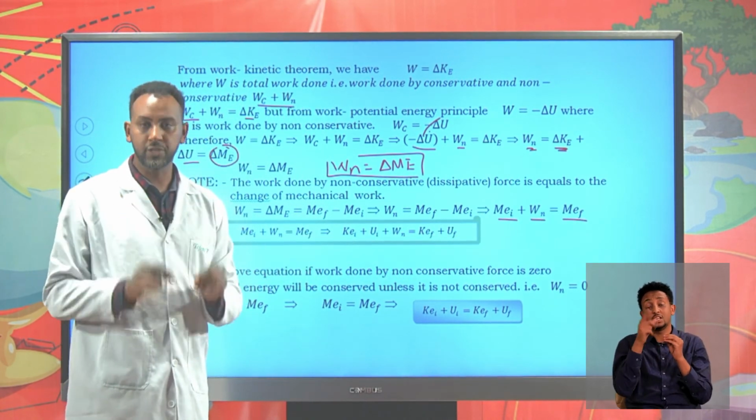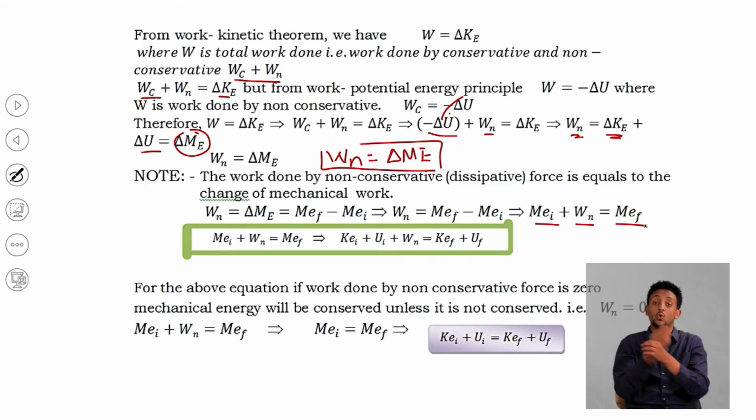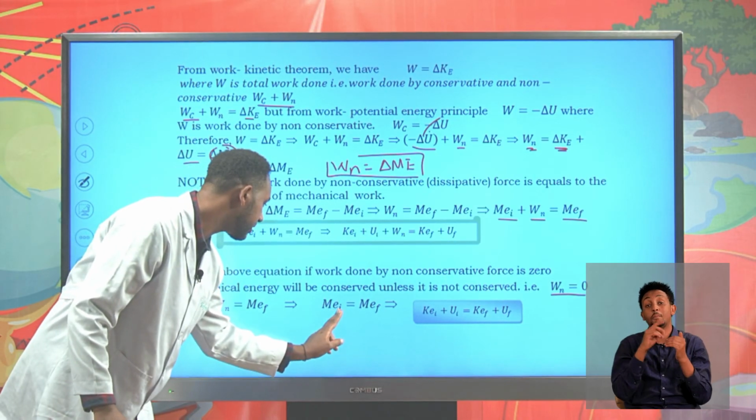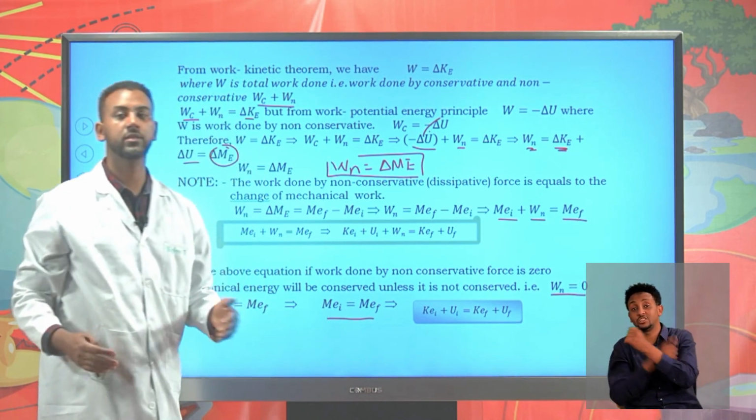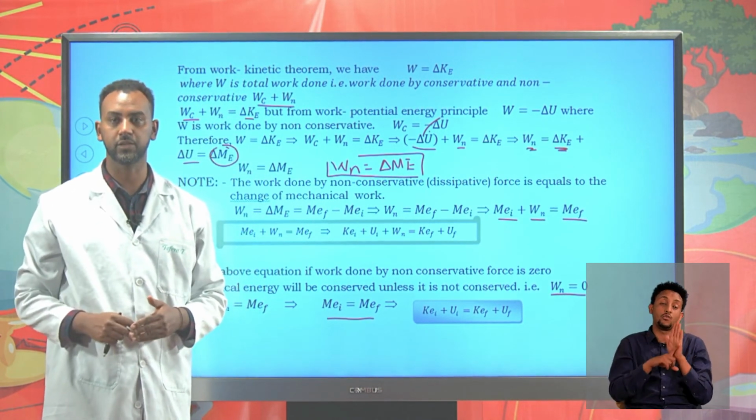If there is no frictional force, the work done by non-conservative force becomes zero. If work done by non-conservative force is zero, you can say that the initial mechanical energy and the final mechanical energy are equal. So mechanical energy initial equals mechanical energy final. By this, it's possible to state the law of conservation of mechanical energy.